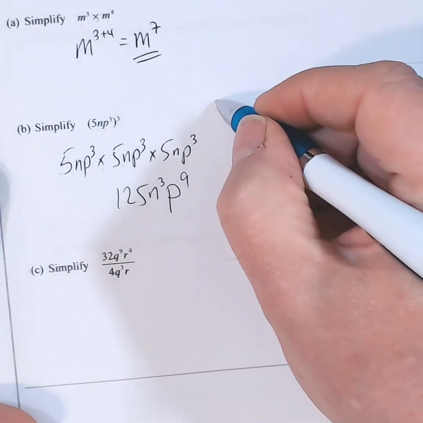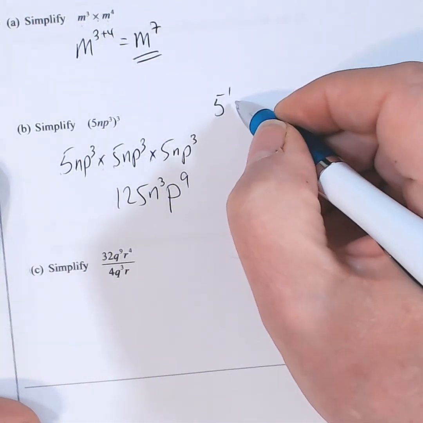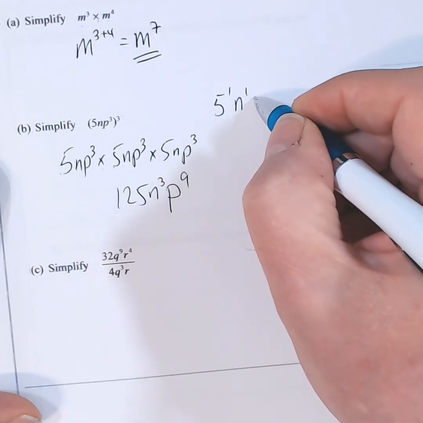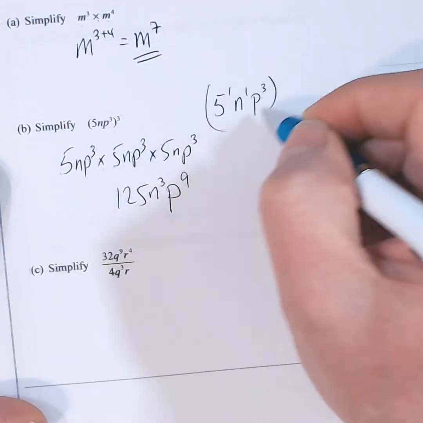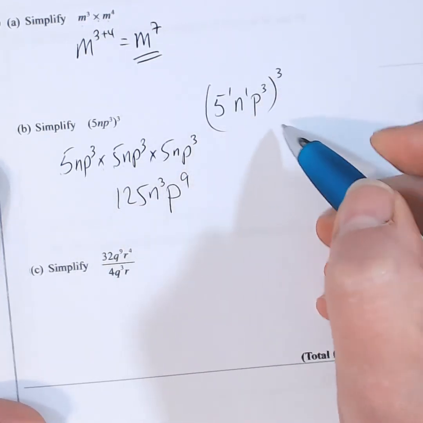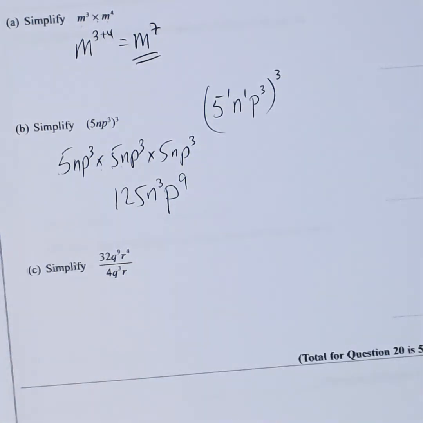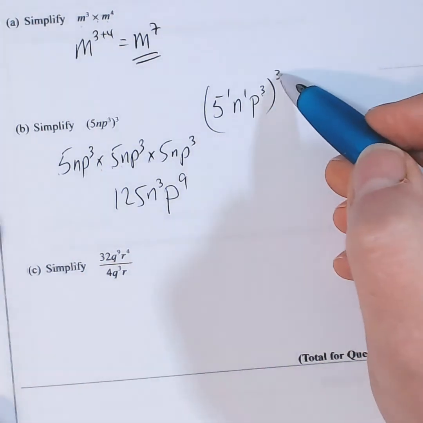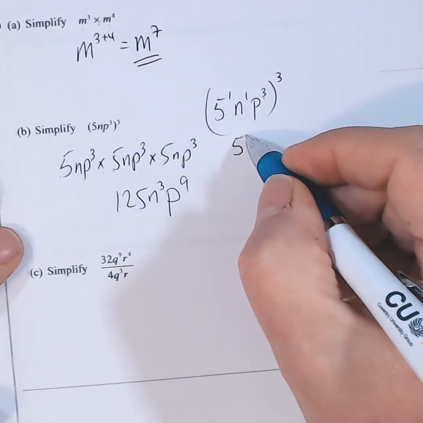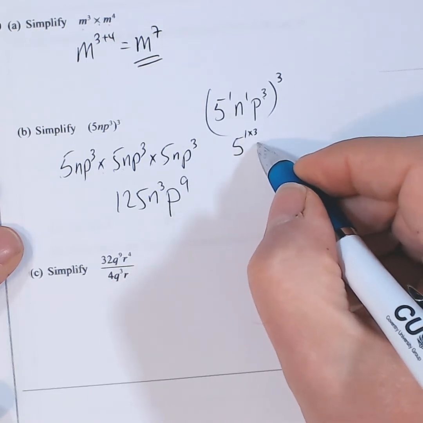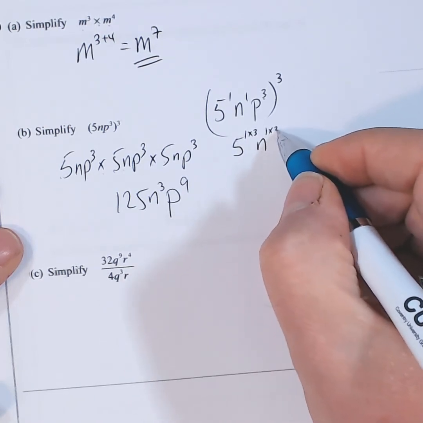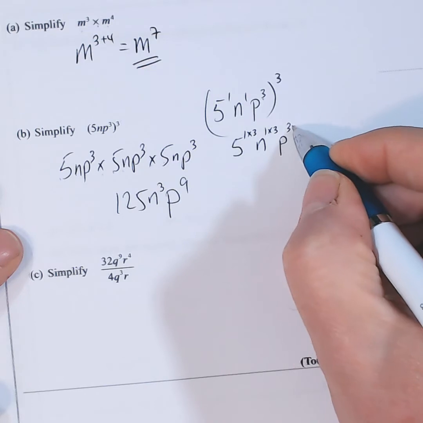The other way of doing this is to recognise that in the bracket you've got 5 to the power of 1, n to the power of 1, p to the power of 3, and they're all being raised to the power of 3. Now there is a rule for laws of indices that says that if you do a power to a power, you times the powers. So this is the same as 5 to the power of 1 times 3, n to the power of 1 times 3, and p to the power of 3 times 3.